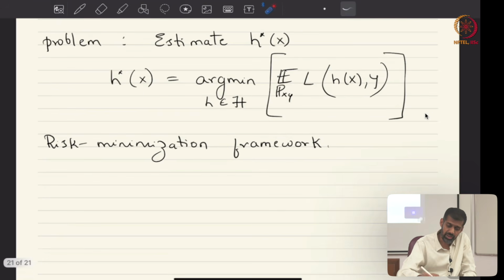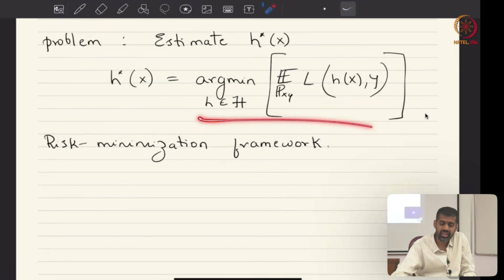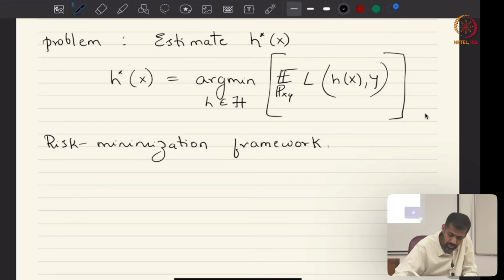Now look at the problem. The issue is, can we solve this optimization problem? Again, no, because we do not know the underlying distribution. So the exact risk minimization problem cannot be solved. So what do you do? You resort to solving a surrogate or an alternative.